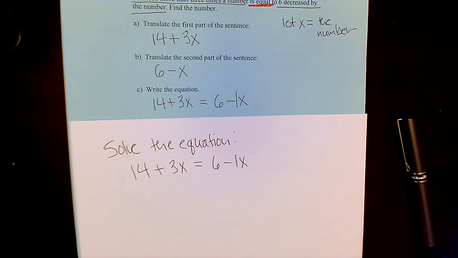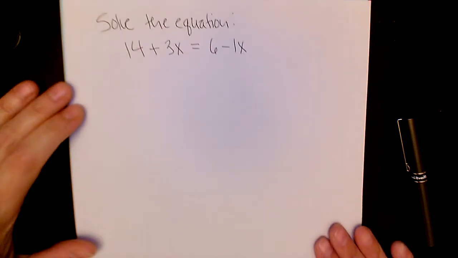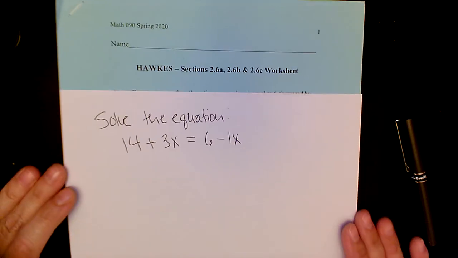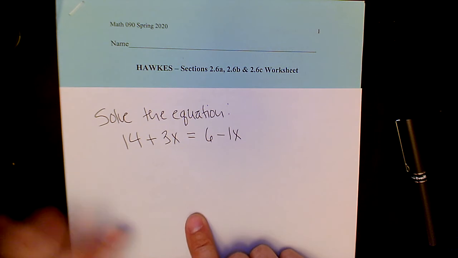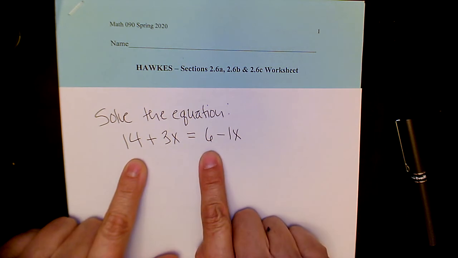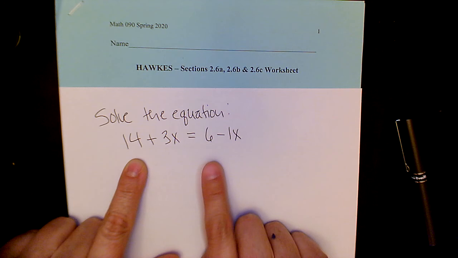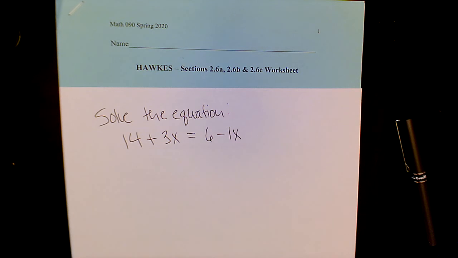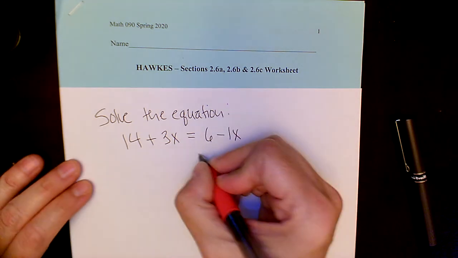Okay, so following our solving rules and steps that we used before, let's say we could start with the 14 or the 6. I always like to start with the numbers. I am going to subtract 6 from both sides.